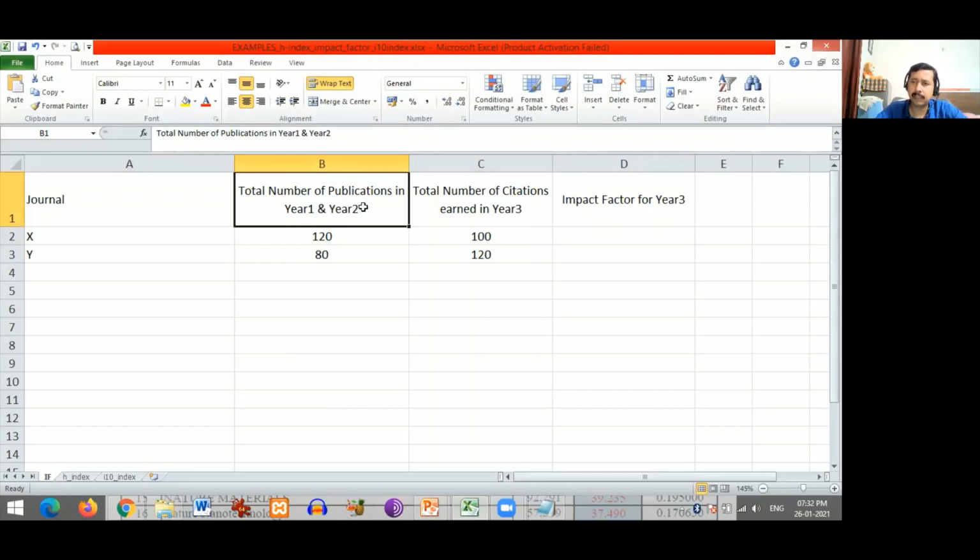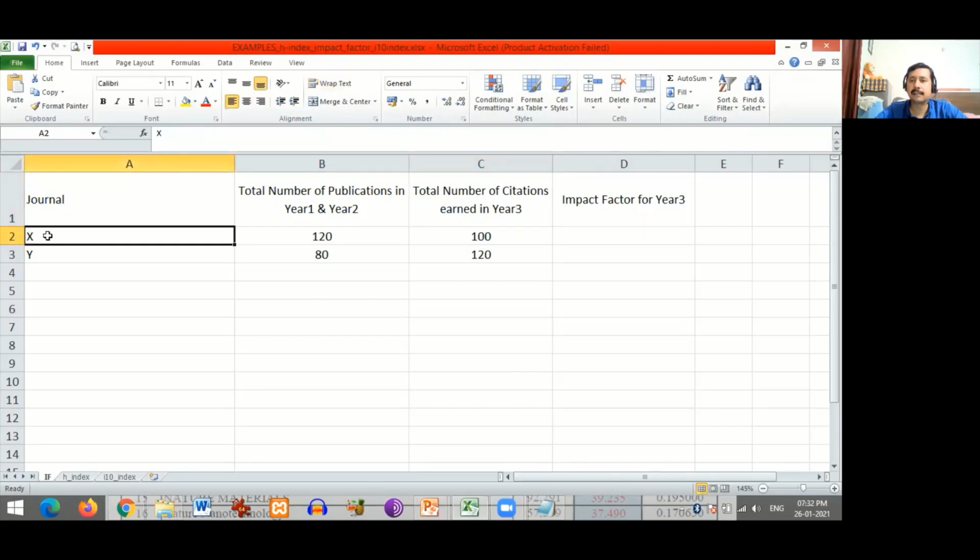Year 1 and year 2 can be replaced by any year. Then the total number of citations earned in year 3 for the articles published in year 1 and year 2. For instance, you may consider year 1 and year 2 as 2017 and 2018, year 3 as 2019.